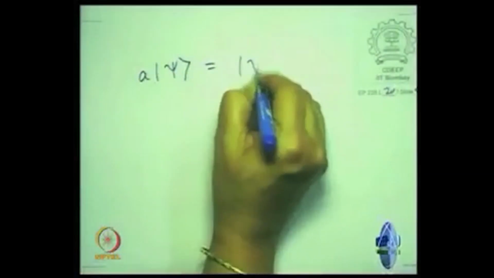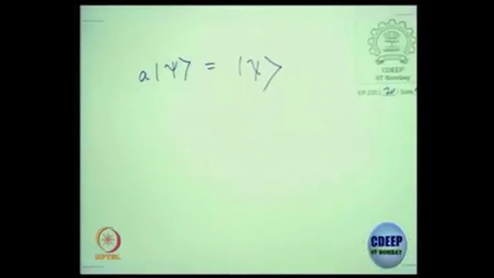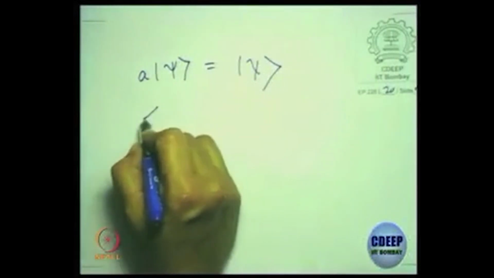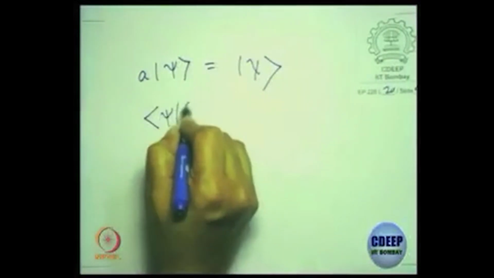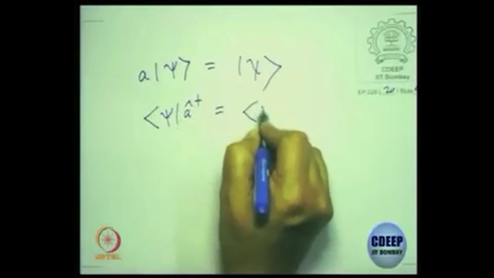Take an arbitrary state psi. What can we say about the matrix element? If you write A acting on psi as some chi, then the adjoint action will be psi with A dagger will be chi.